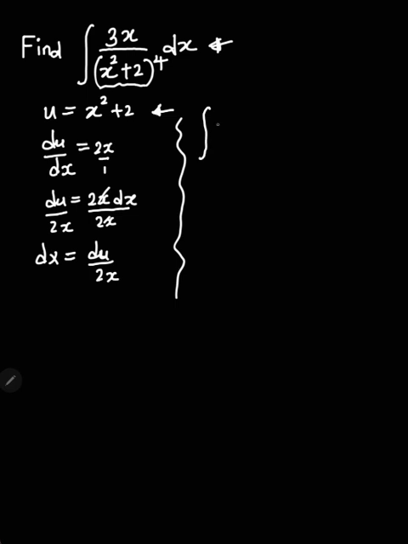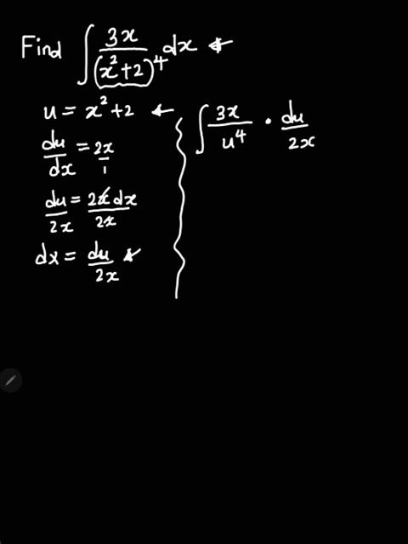Remember, we're finding the integral of 3x divided by, so here instead of saying x squared plus 2, remember we said x squared plus 2 is the same as u, so I can just say u to the power 4. Then instead of dx, we can put du divided by 2x.